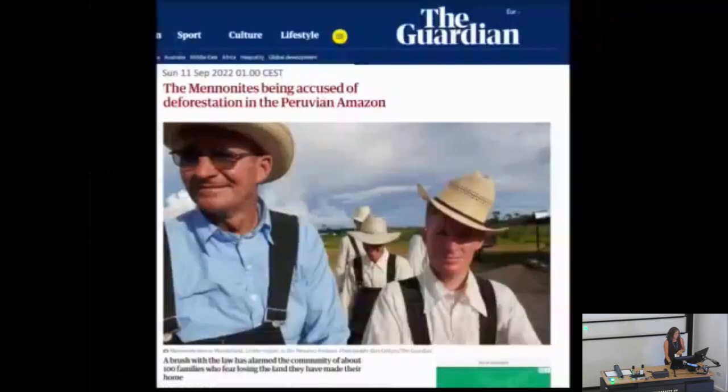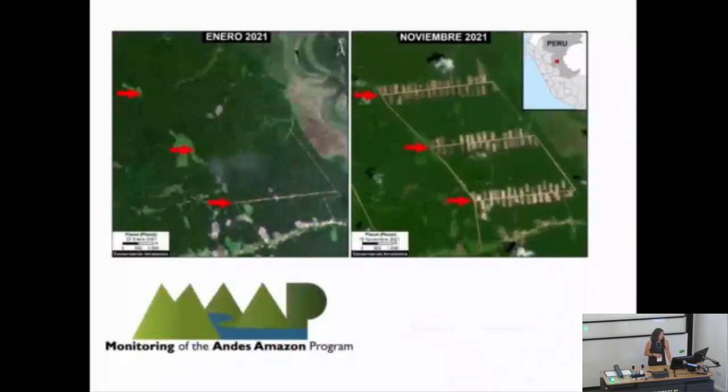There's a caveat here too: this is kind of a hot button issue right now because they're expanding into areas of primary forest. They're really good at clearing primary forest and establishing very successful agricultural crops, as well as cattle. It's a hot button issue right now in Peru. They're expanding pretty rapidly.